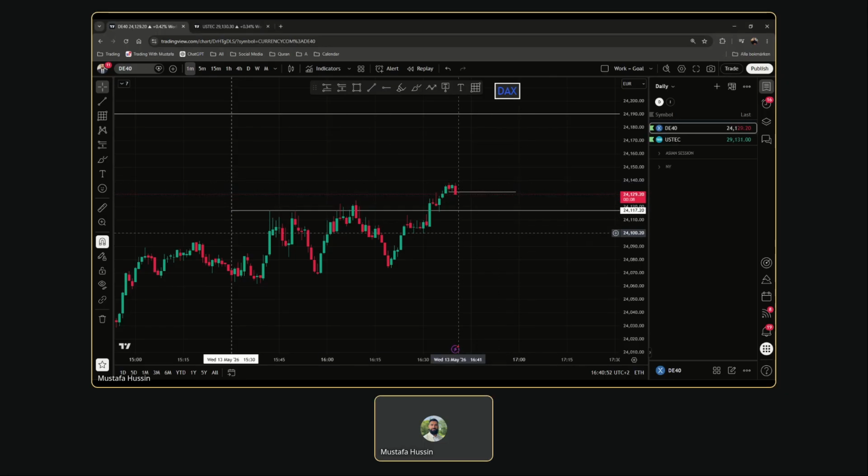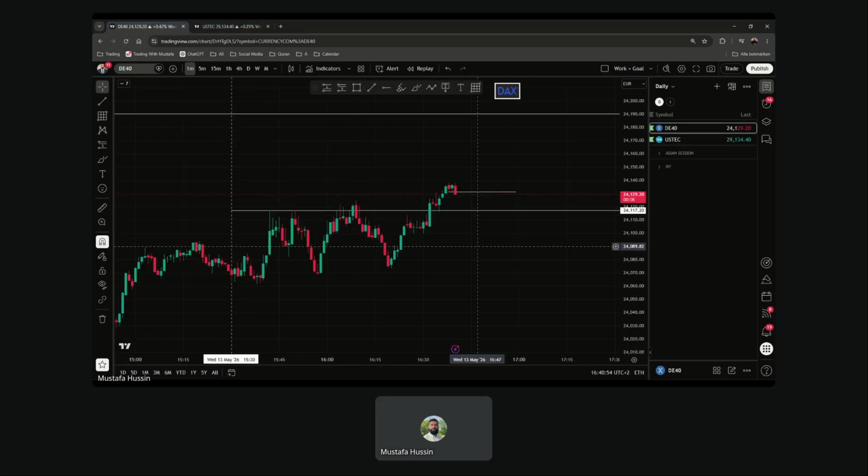Right, we're about to break structure on the DAX to the downside.